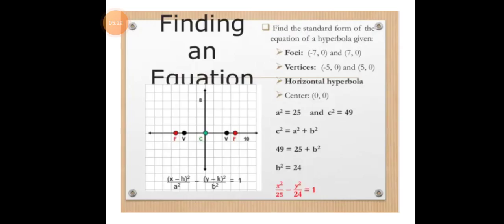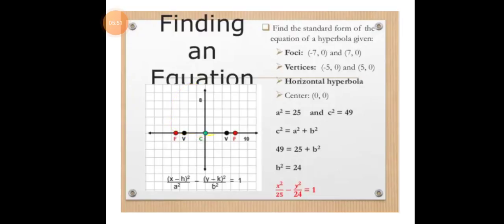Then finding an equation: find the standard form of the equation of the hyperbola given foci negative 7, 0 and 7, 0, and vertex negative 5, 0. So when we need to graph, this is the graph.